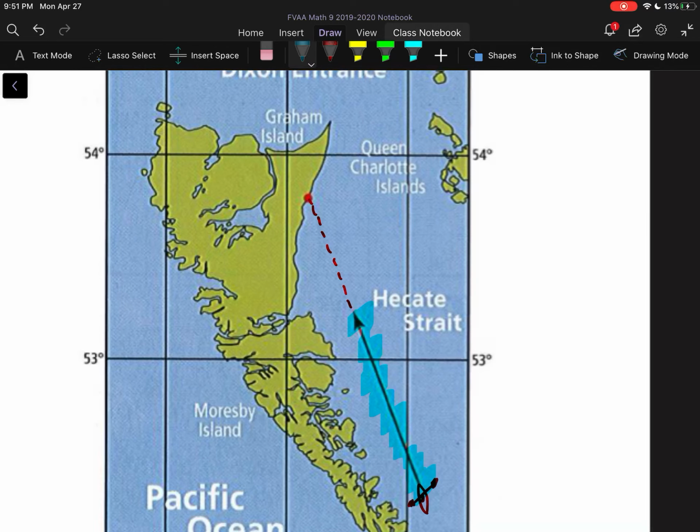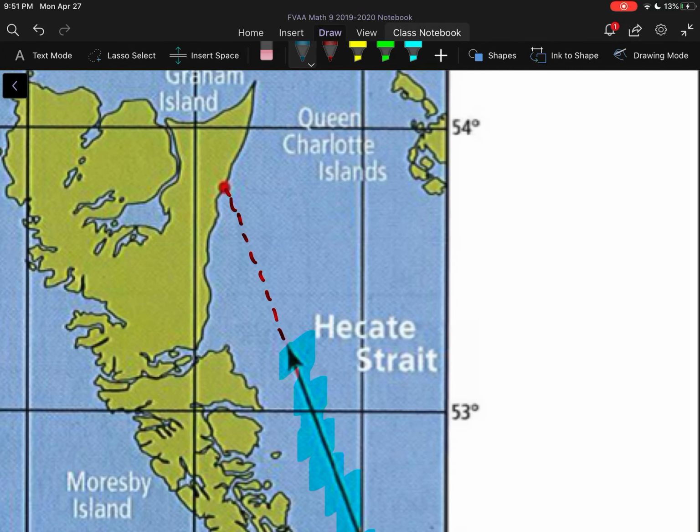Maybe there's a Russian submarine or something that's going to interrupt her path here. Maybe there's some orcas that are going to cause her to change directions. I'd be freaked out if I was in a kayak by myself, surrounded by orcas. Those are their fins. Don't judge. And maybe there's a big whirlpool here, right?